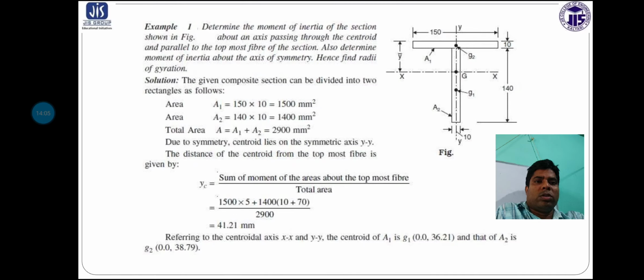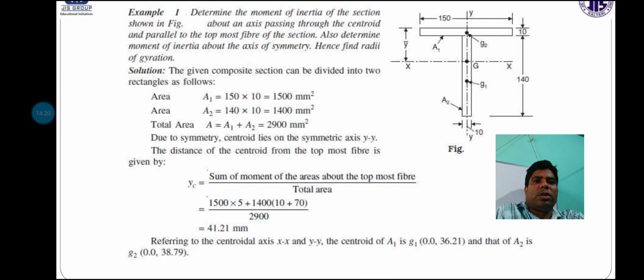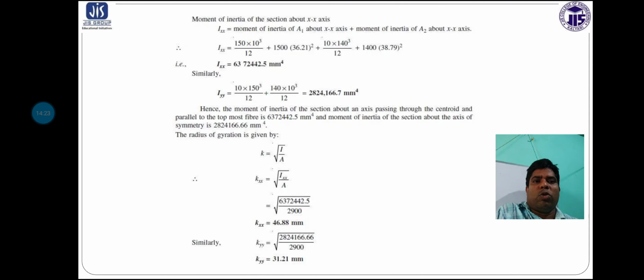Now for the centroidal axes XX and YY, the centroid of A1 is G1, that is 0 and 36.21, and that of A2 is G2, 0 and 38.79. Now the moment of inertia about the section XX, that means I_XX, is the moment of inertia of A1 about the XX axis plus that of A2: 150 into 10 cube by 12 plus 1500 into 36.21 square plus 10 into 140 cube by 12 plus 1400 into 38.79 square.